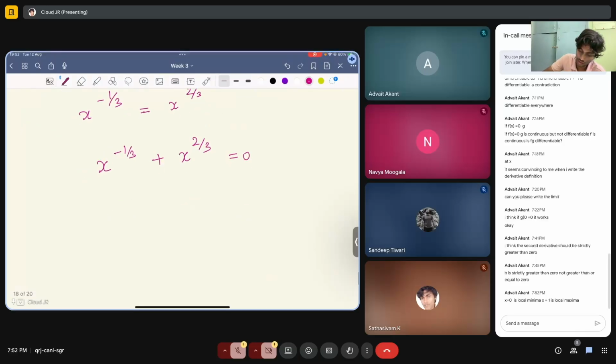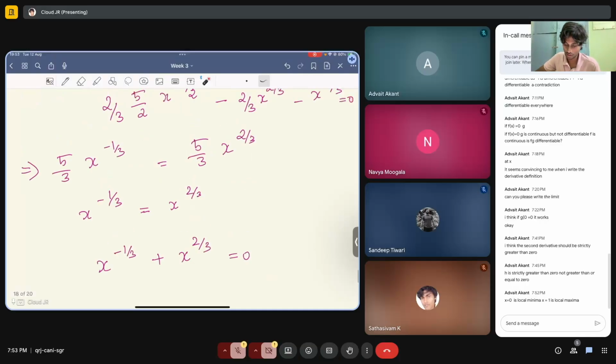So what we do is we have this equation. See, this is a minus cube root, right? This does not make sense. Just give me a minute.